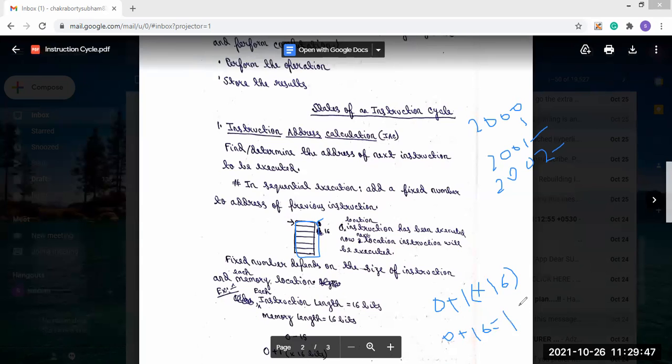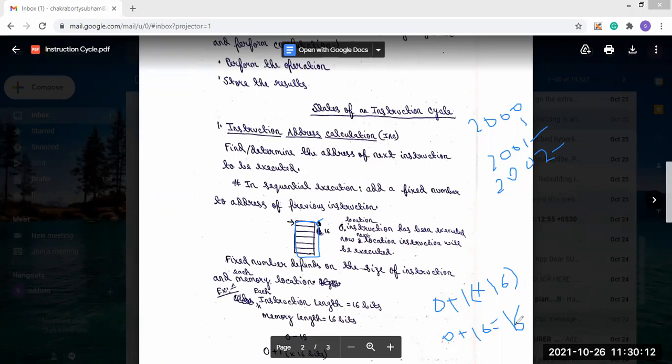That is how we are able to know the next location address, because of the fixed number we have to add. The value of the fixed number will be determined by the size of the instruction and each memory location.